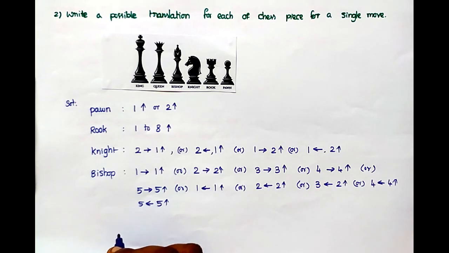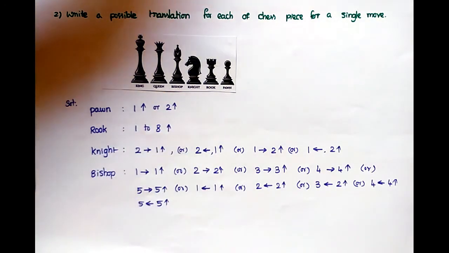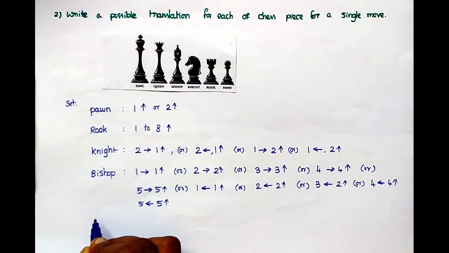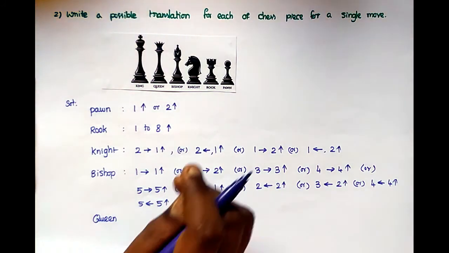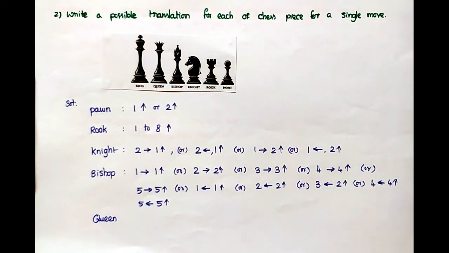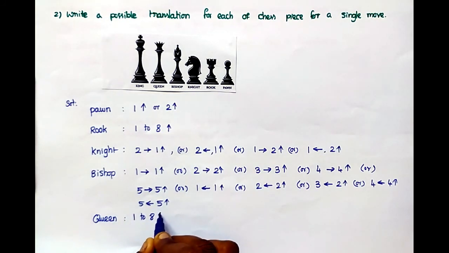Next one, what is that? Queen. It can move anywhere on the chessboard, right? That is 1 to 8 steps upward. It is possible.